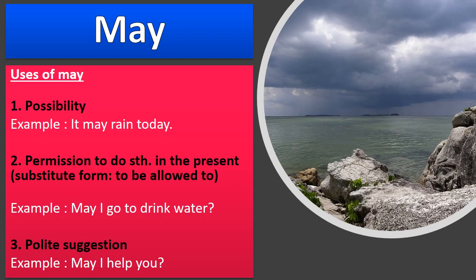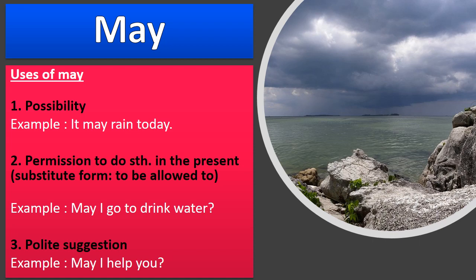Now let us learn more about may. What are the uses of may? May is used to express strong possibility. For example, it may rain today. So if there are dark clouds, it is lightning, we say it may rain today.